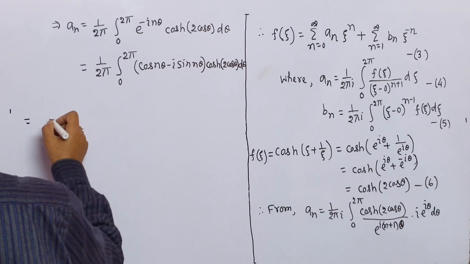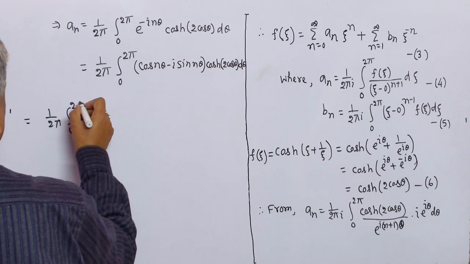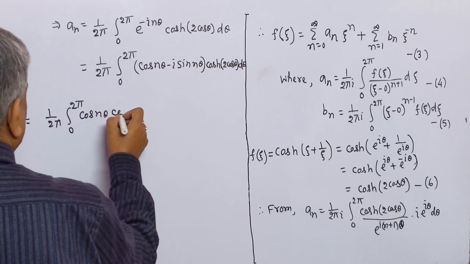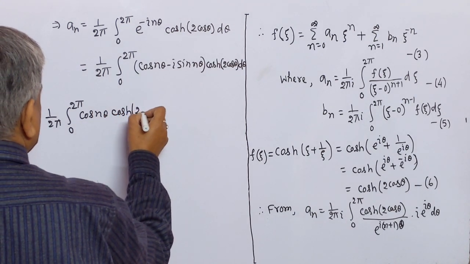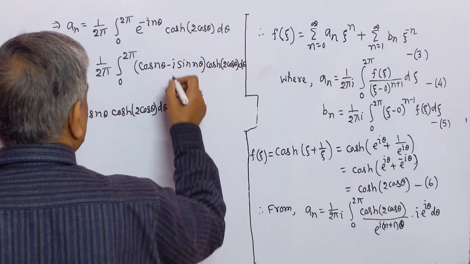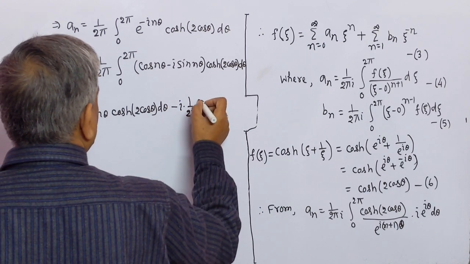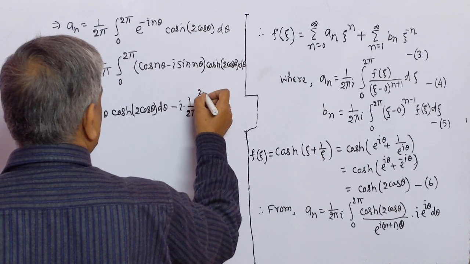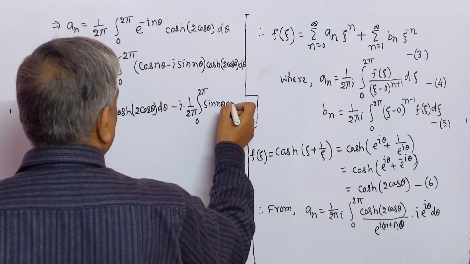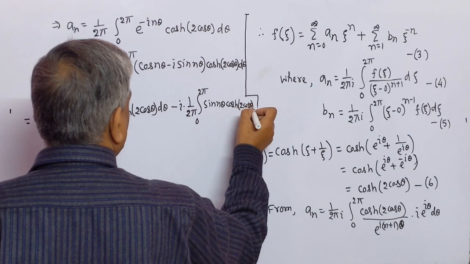This is equal to 1 by 2π integration limit 0 to 2π cos nθ cosh(2 cos θ) dθ minus i multiply 1 by 2π integration limit 0 to 2π sin nθ cosh(2 cos θ) dθ.